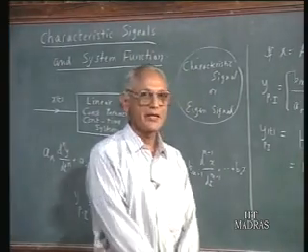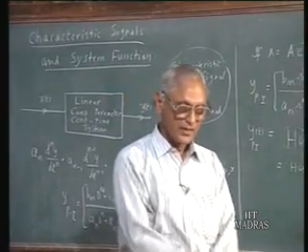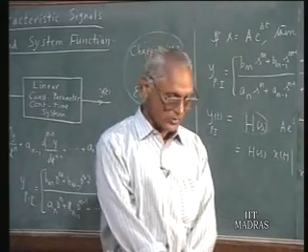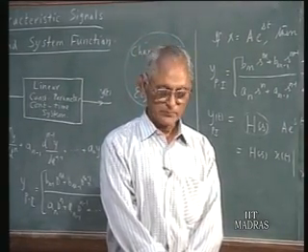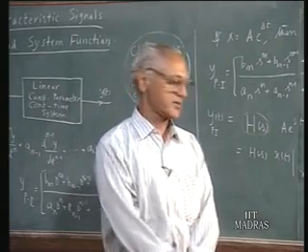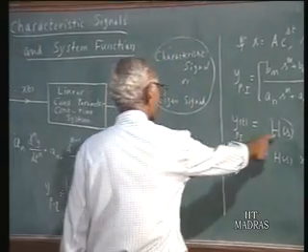Again, the meaning of an eigen signal or characteristic signal is, it is that particular signal which, if given as input, the output will also have the same time variation except for a scale factor, and that scale factor is H(s) in this case.